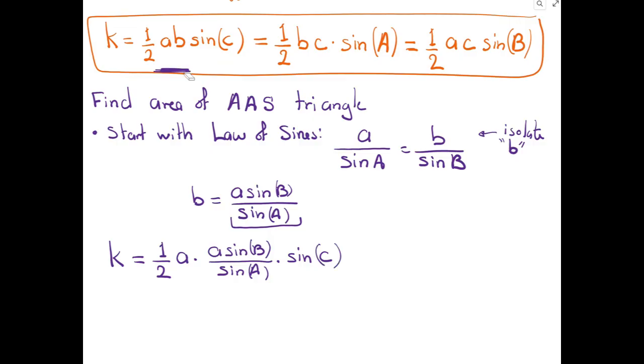So let me clean up here. That will give me that K is equal to 1/2. I have an A times an A, that's going to give me an A squared, and then I have sine B times sine C divided by sine A.